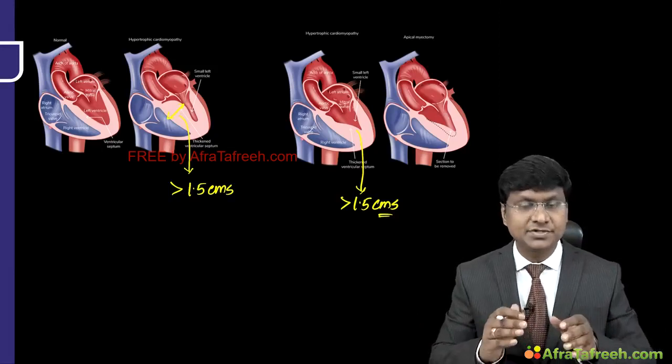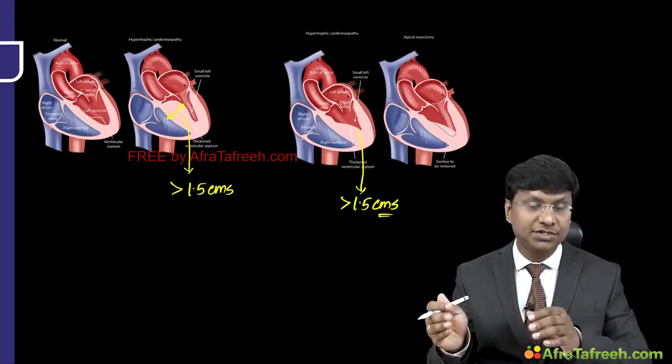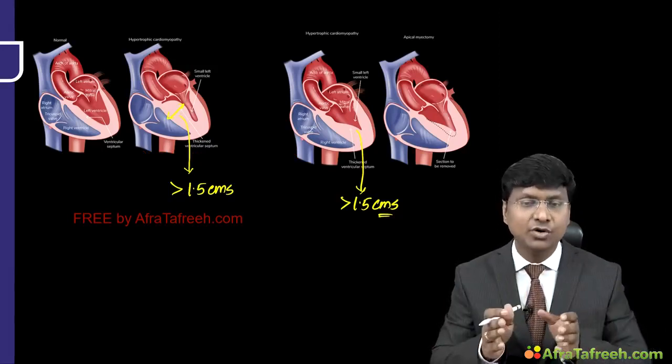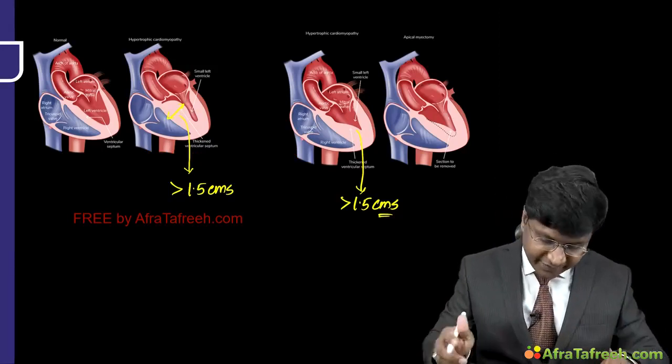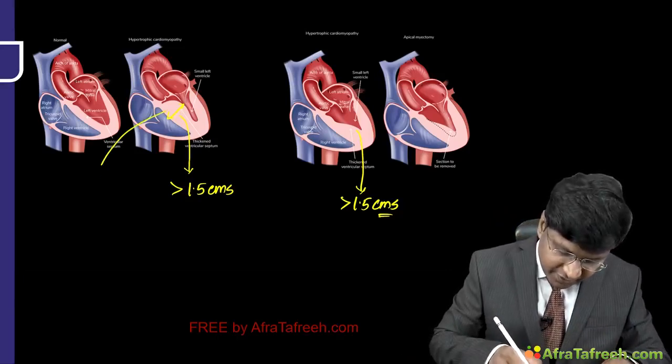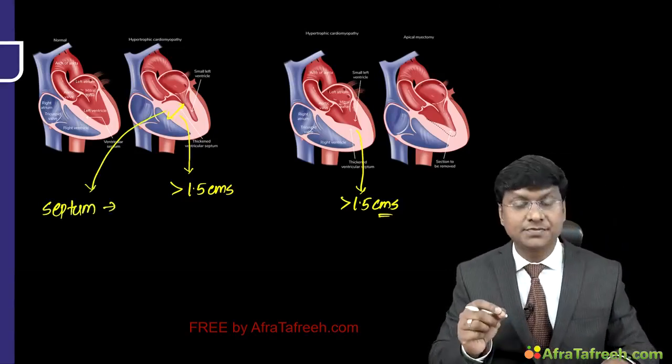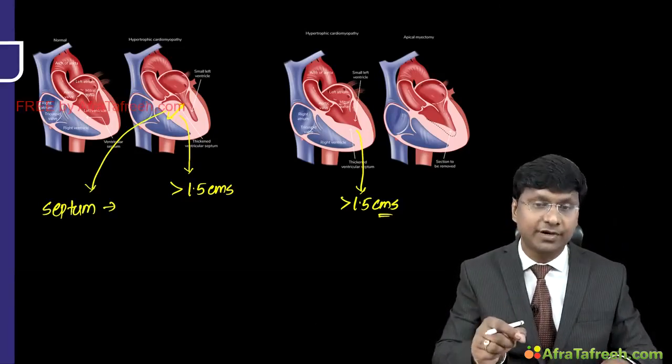But whether obstruction will be there or not for the left ventricle depends upon the site of the hypertrophy. For example, if the hypertrophy is at the septum, this septal hypertrophy will cause obstruction to the LV outflow tract.